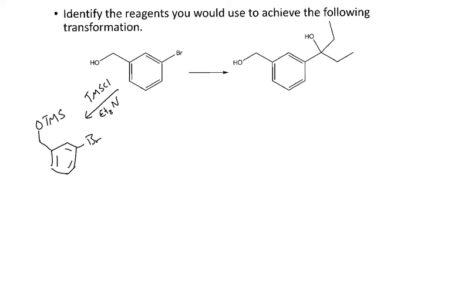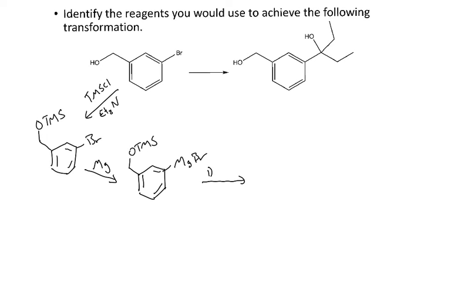All right, and so now I can convert my reactant here into the Grignard reagent by reacting with magnesium metal. Now I'm going to react this with the ketone, and then I also need to react it with water, but I need to do that in 2 separate steps.